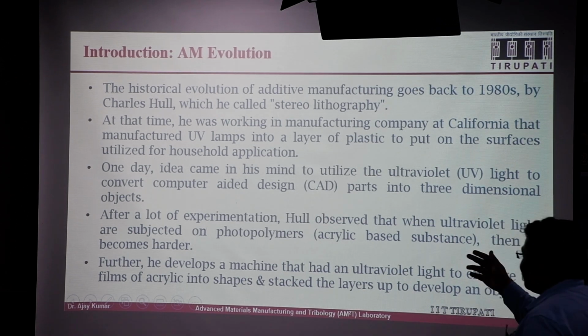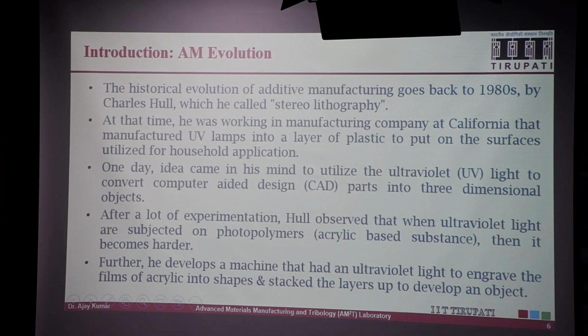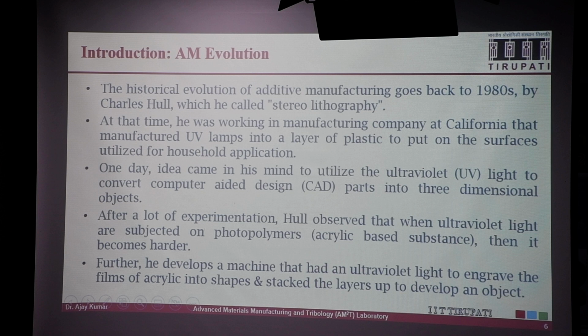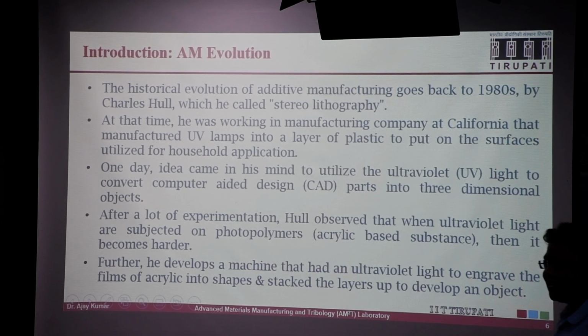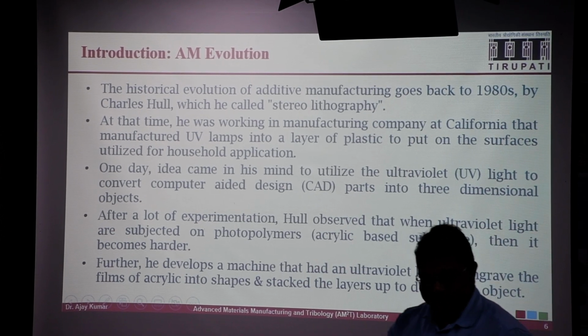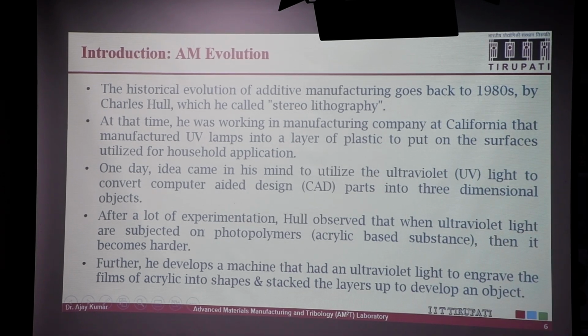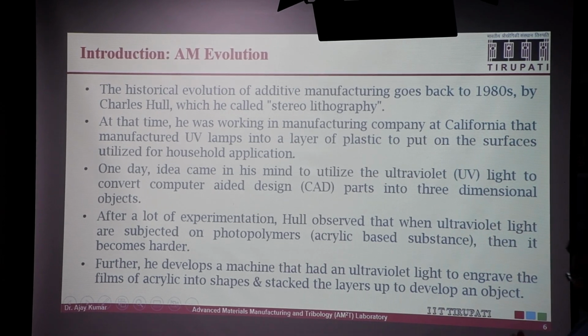So he did a lot of experimentation, and he observed that when UV light is subjected to photopolymers, which are some of the materials we use in our biomedical applications, they become hard.